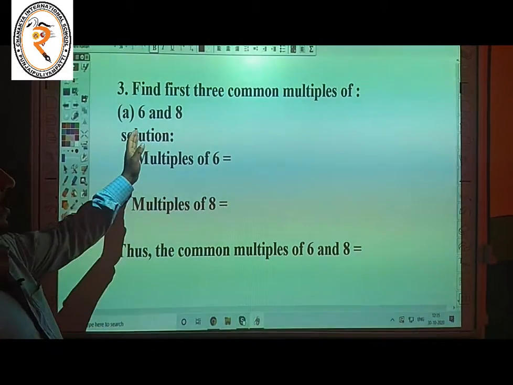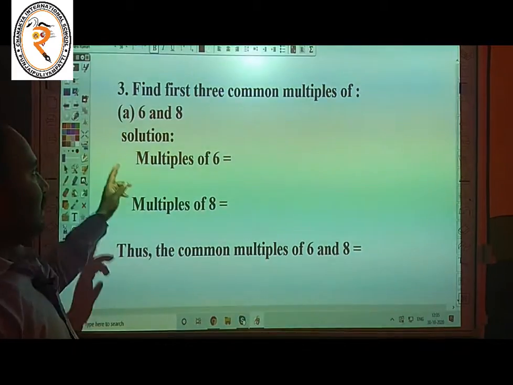Question number 3. Find first 3 common multiples of 6 and 8.